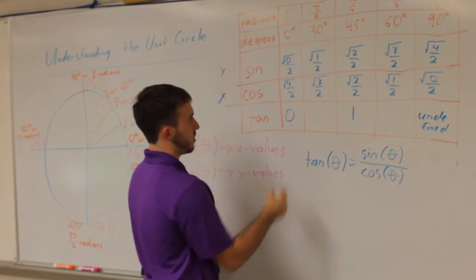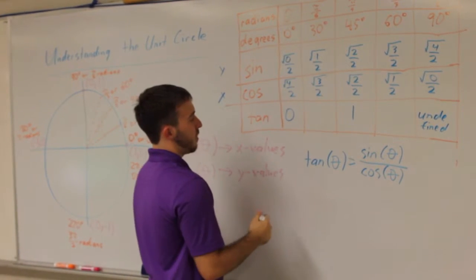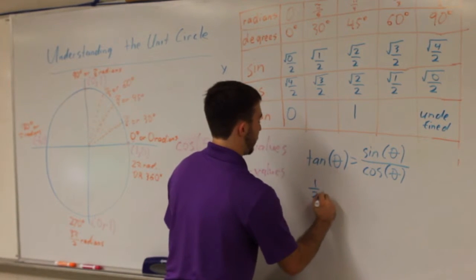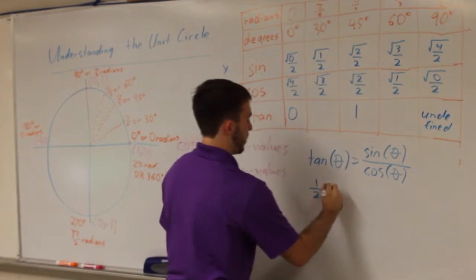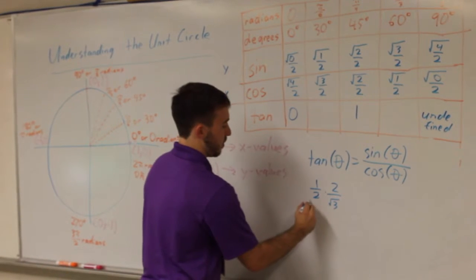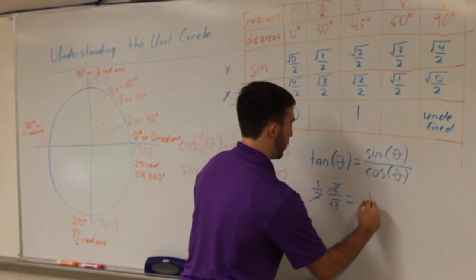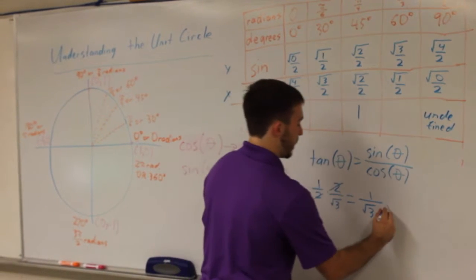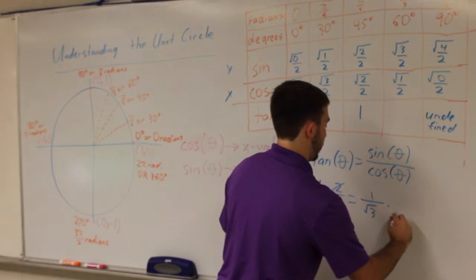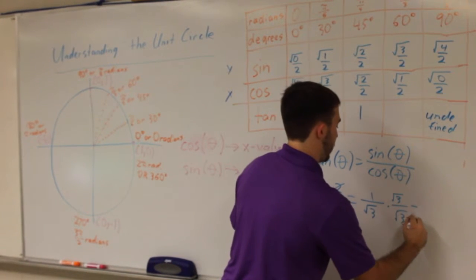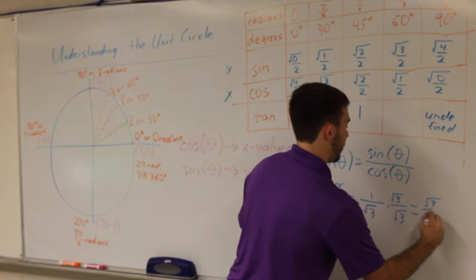And then on the other two values, we have to work a little bit harder. So sine over cosine, dividing by a fraction is the same thing as multiplying by the reciprocal. So 1/2 times the flip, 2 over root 3. Well, look at that. The 2's cancel out. I've got 1 over root 3. If I wanted to rationalize this, depending on how much of a stickler your teachers are, I could and get root 3 over 3.